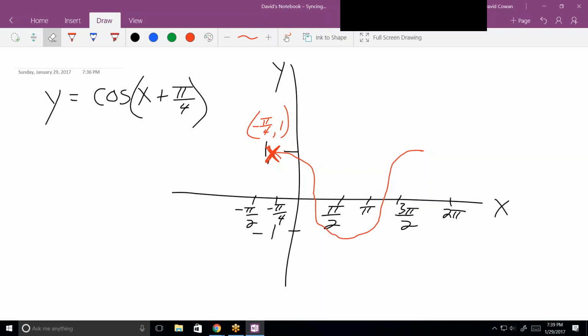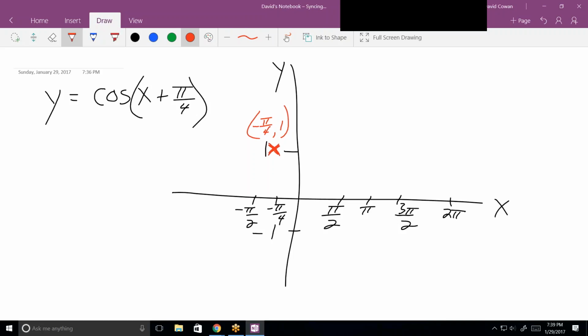But if I want to draw the shifted curve, well, I know the cosine curve starts at x equals 0, right? Right. So the shifted curve, you've already told me, is pi over 4 to the left. So I know I'm starting at that point right there.